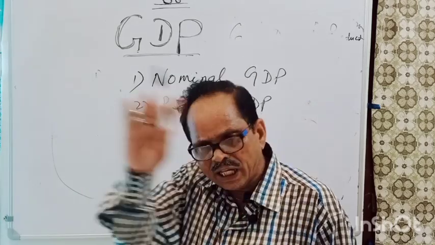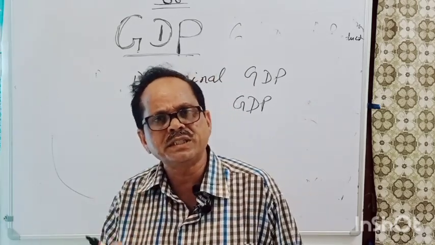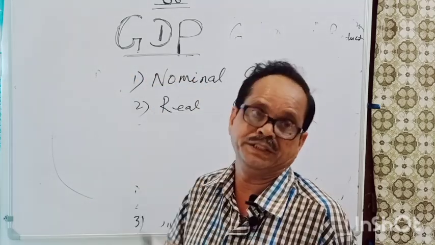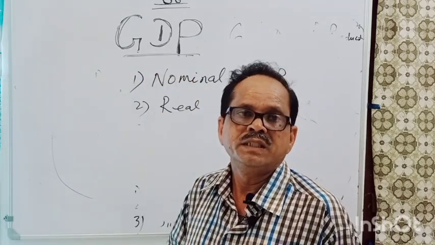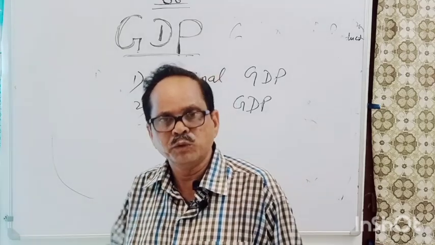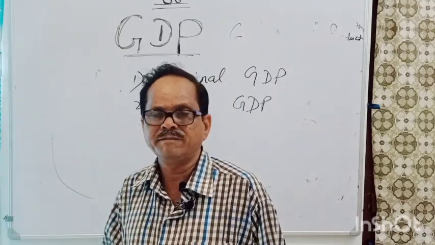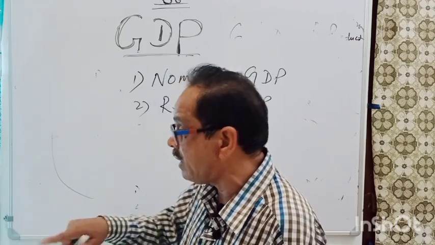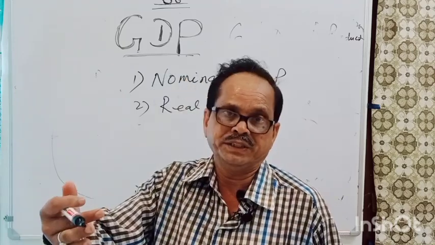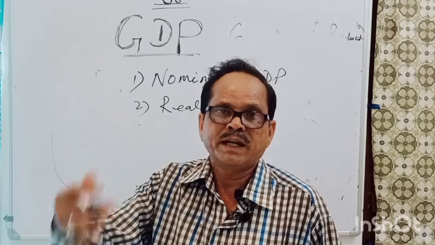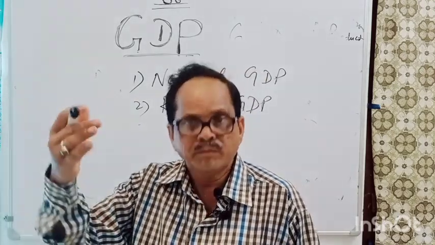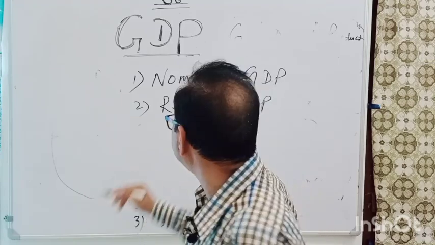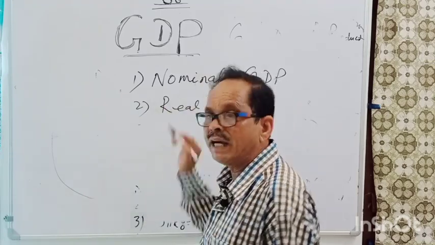Nominal GDP means when total produced goods and services are expressed in terms of current market price. Suppose in our country within this particular financial year, the total goods and services are multiplied by the current market price; when total value is calculated in terms of current market price, that is called nominal GDP.